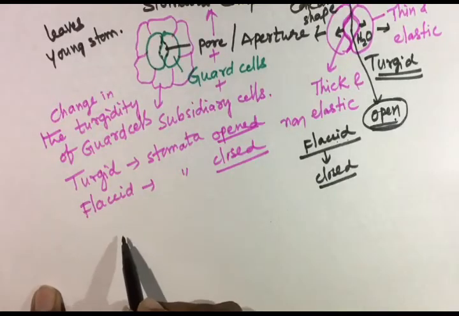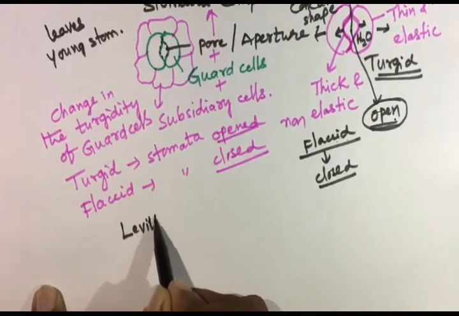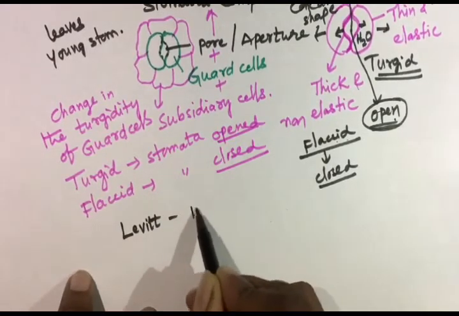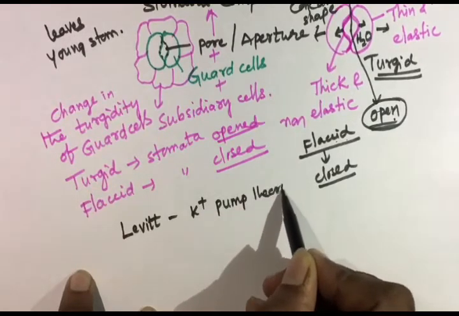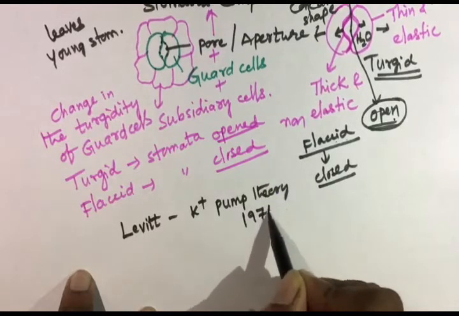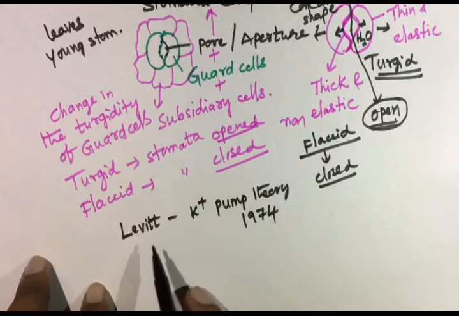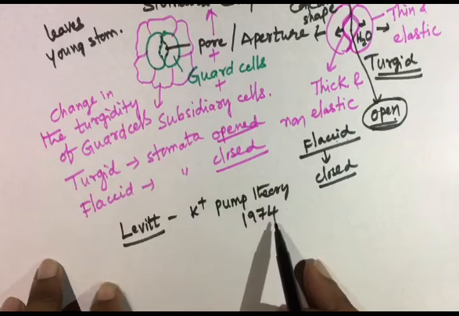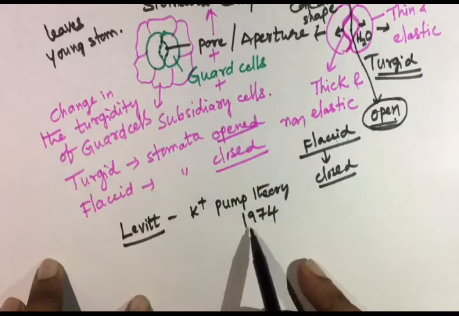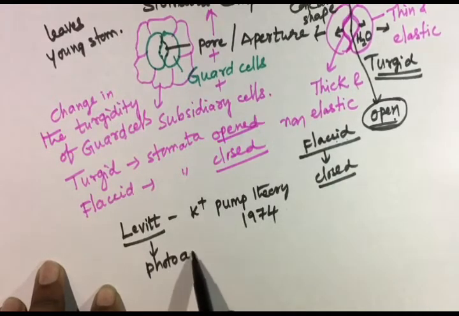To explain this opening and closing of stomata, Levitt proposed the potassium pump theory in 1974. He explained the opening and closing of photoactive stomata.